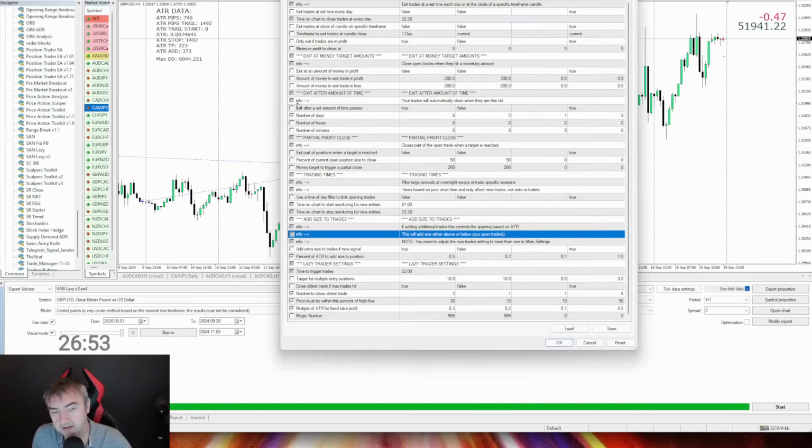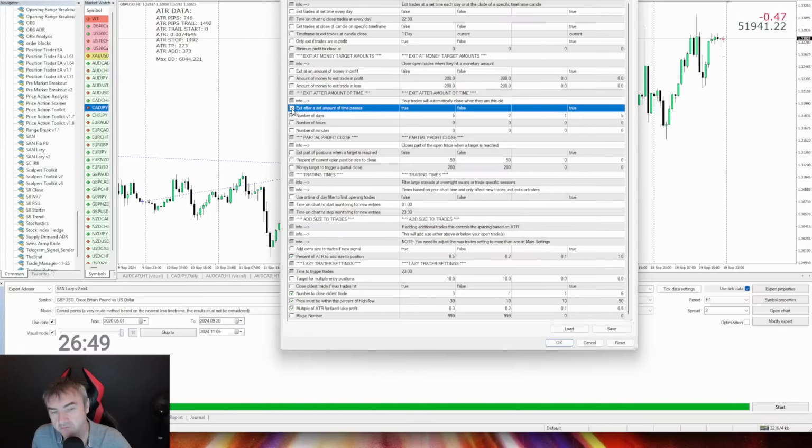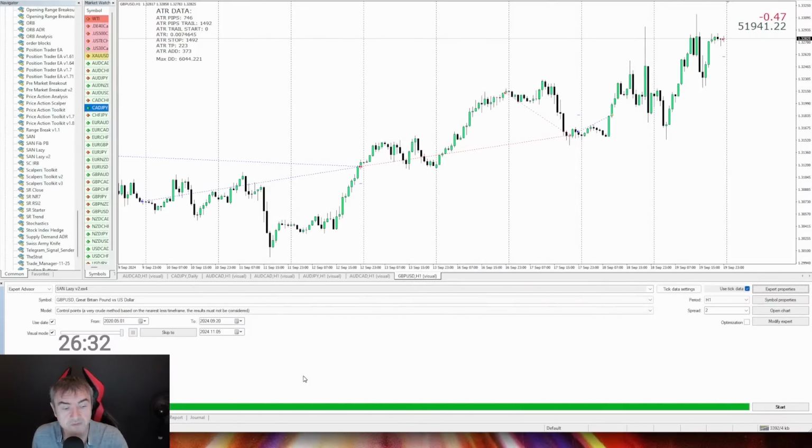The exit number of days one, we could try that with and without exiting after a number of days. The problem with this is every time you set a true/false as a system parameter permutation, you double the number of entries. So let's just run this test quickly. This can all be done on control points as well because it works on candle close. Everything works on candle close in this.